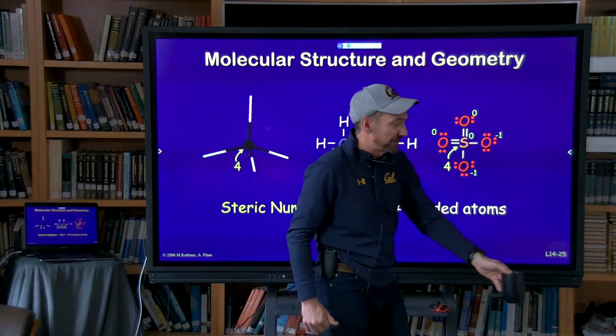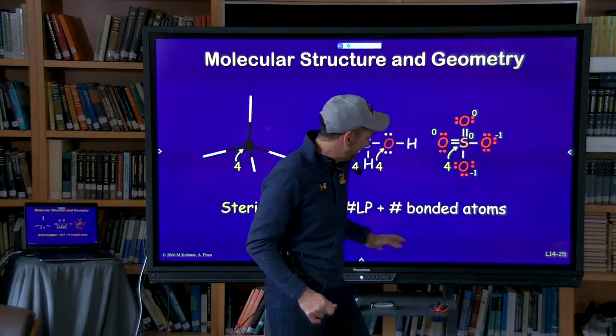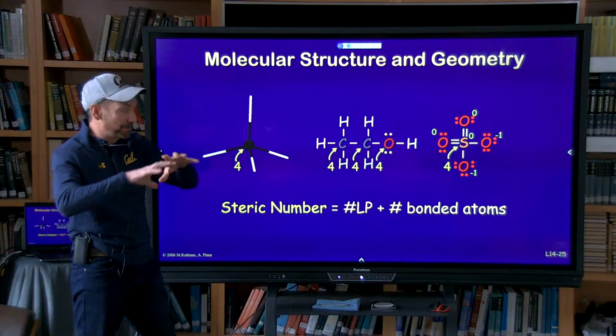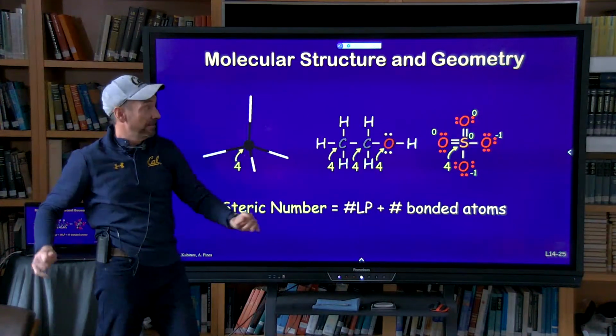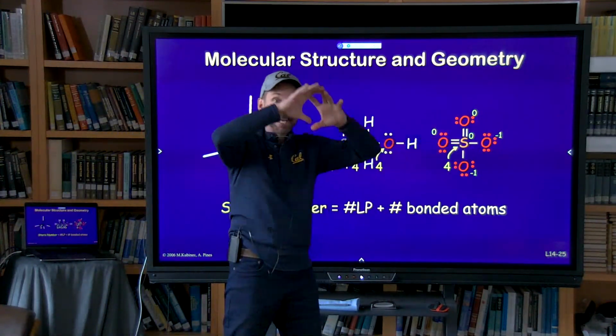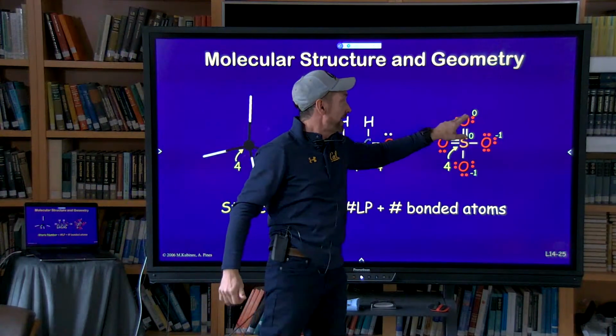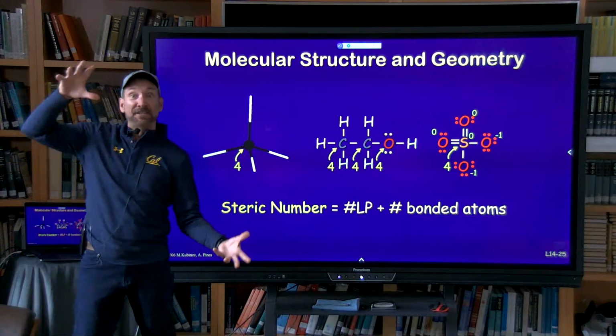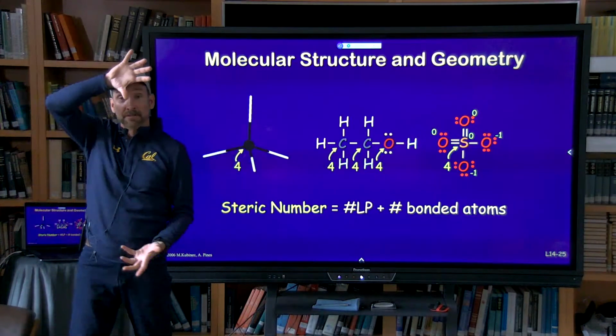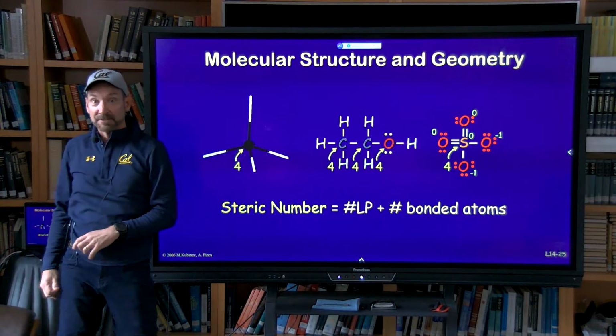What we're trying to do is see what we call the steric number. Steric is a spatial interaction. What is there that's taking up space? The bond doesn't take up space. It's having that atom, this atom, this atom, this atom, and that atom, those 4 atoms taking up space that determines where they have to arrange in 3-dimensional space.